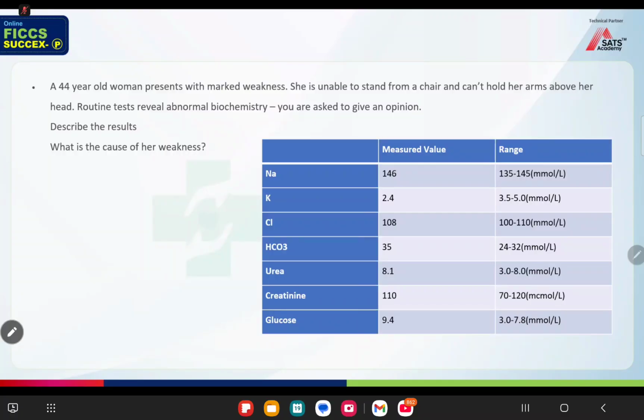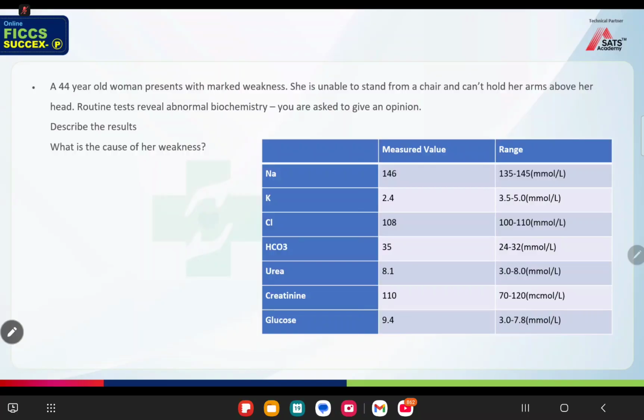Excess ACTH production, Cushing. Hypernatremia, hypokalemia, alkalosis. Hyperglycemia is also there, in fact. Cushing's syndrome, going towards that. This picture is going towards Cushing syndrome only.